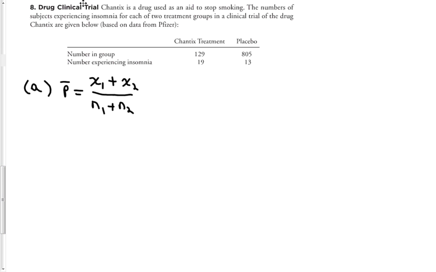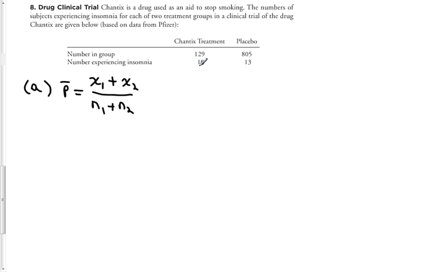It says Chantix is a drug used as an aid to stop smoking. The number of subjects experiencing insomnia for each of two treatment groups in a clinical trial of the drug Chantix are given below. So we have the number in the group in the top row and the number experiencing insomnia in the bottom row.